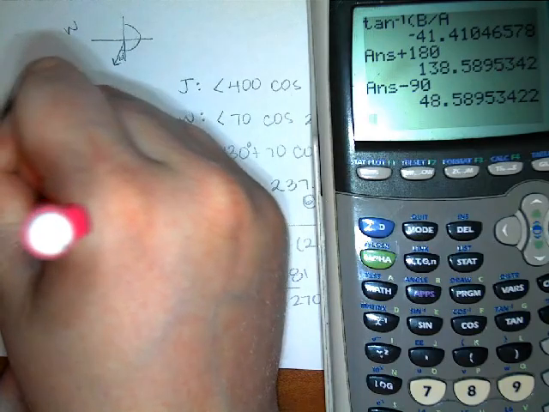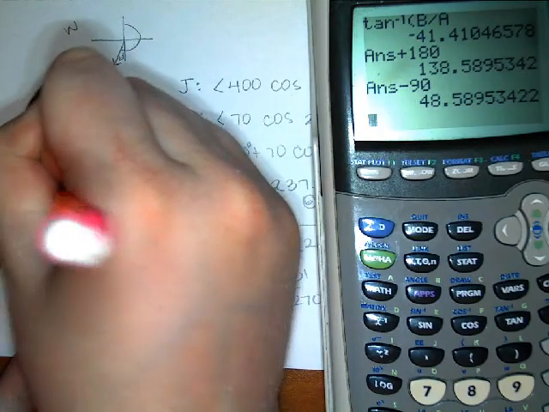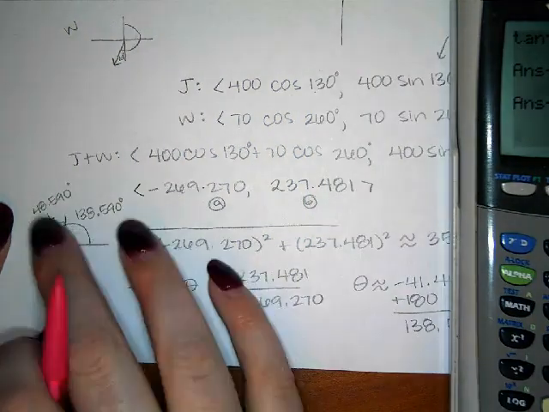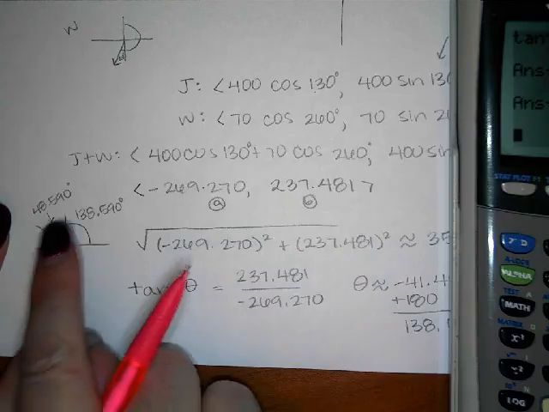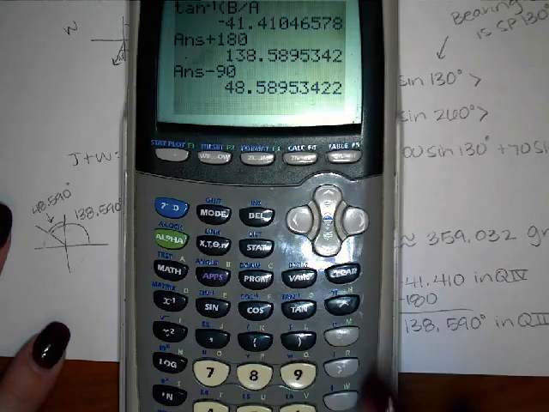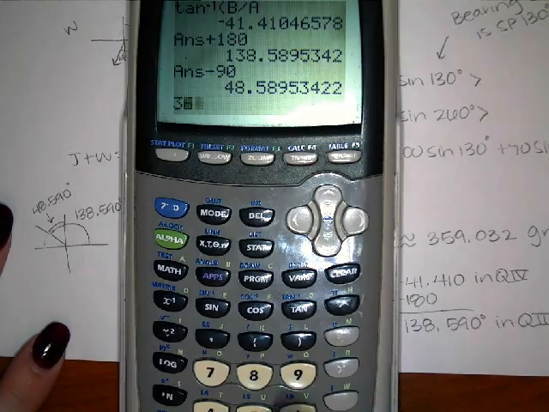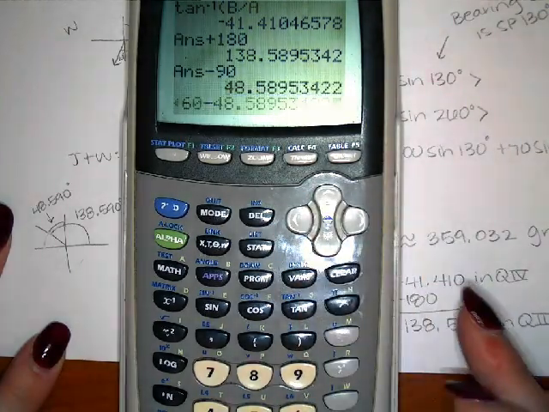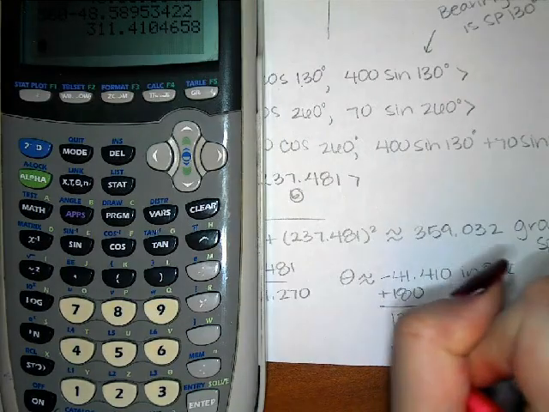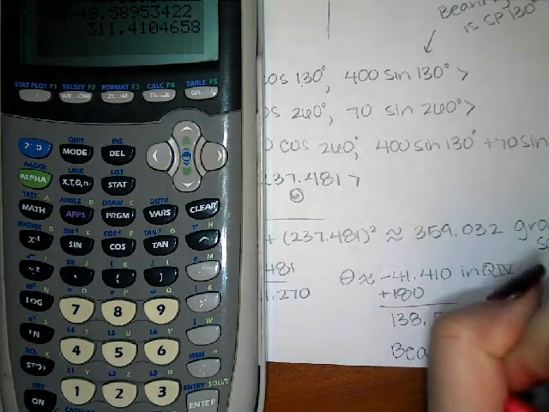So 360 minus this. There we go. So this is bearing 311.41 degrees. 410 thousandths. That's how you would say that decimal. Okay, bearing that many degrees.